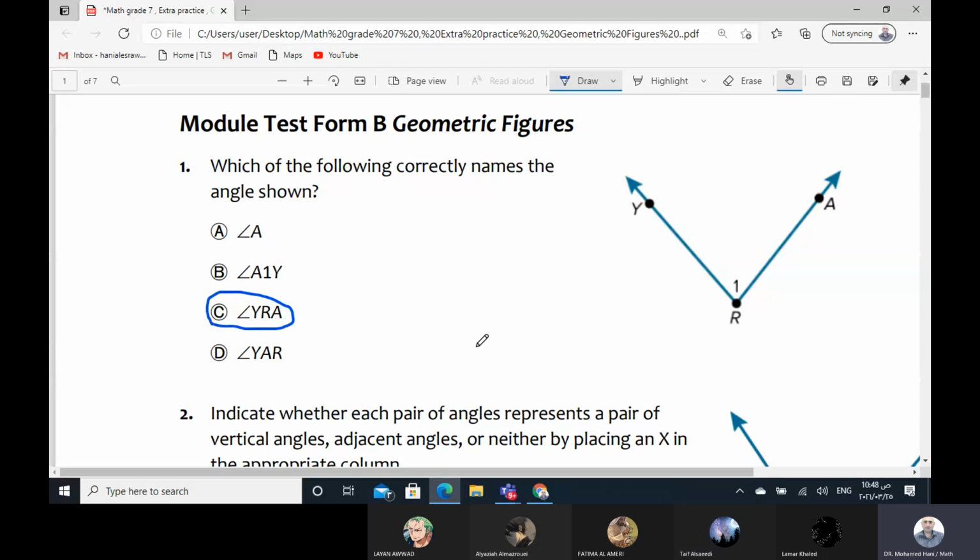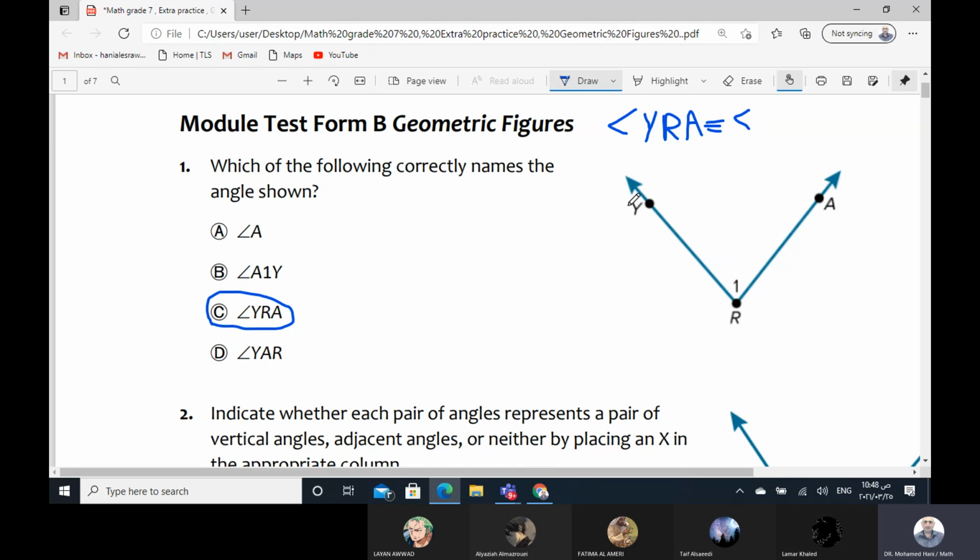We have 4 ways to write the angle. Who can tell me how? The first way is YRA. The second way is ARY. The third way is R, and the fourth way is 1.